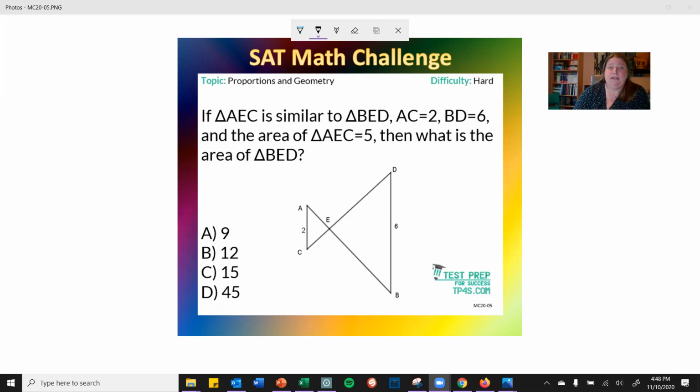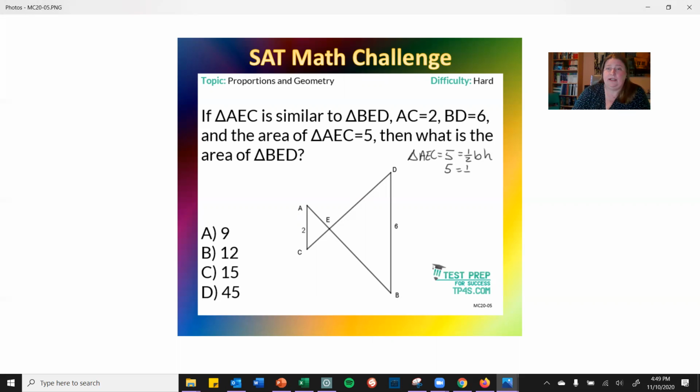So the first thing I'm going to do here is say the area of triangle AEC equals 5. And I know that the formula for area of a triangle is 1/2 base times height. And I also know that the base here is going to be 2.